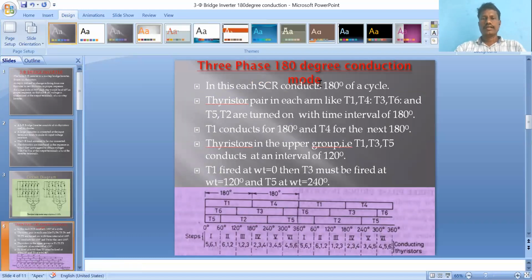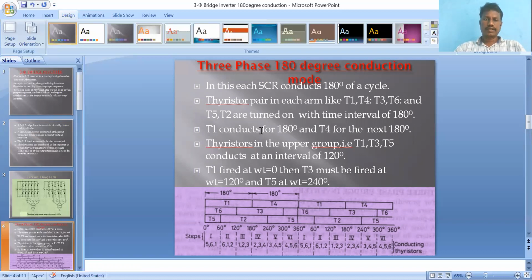In this, each SCR conducts for 180 degrees of a cycle. Suppose T1 conducts for 180 degrees, T2 180, T3 180, T4 180, T5, T6. Any thyristor conducts for 180 degrees of a cycle, so that is why it is called the 180 degree conduction mode.